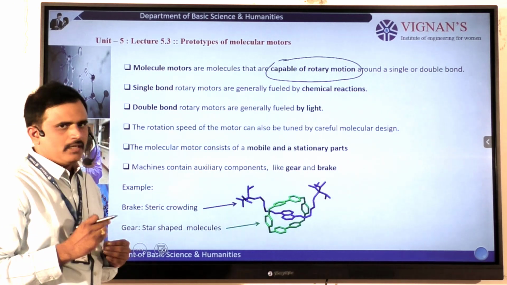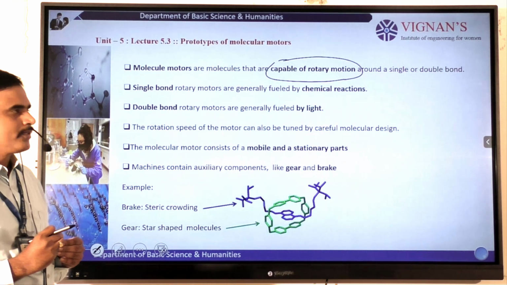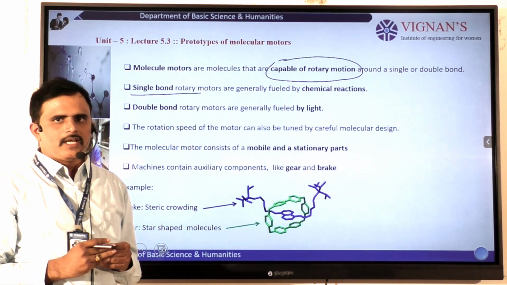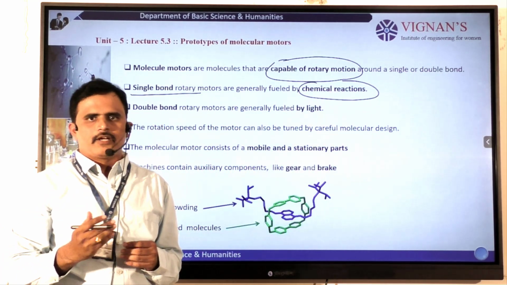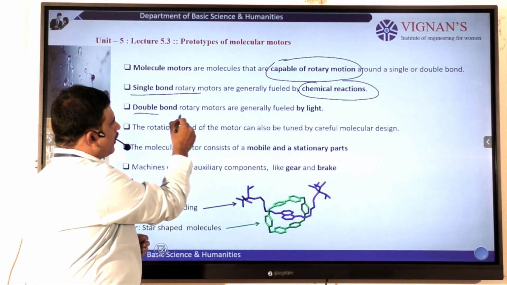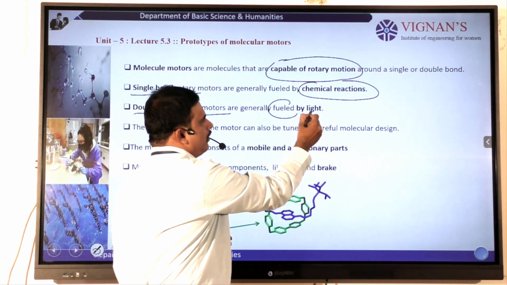Here we observe two types of bond rotations in these molecular motors. Single bond rotatory motors are generally observed in chemical reactions, that means redox reactions or acid-base reactions. Double bond rotatory motors can be fueled by light.